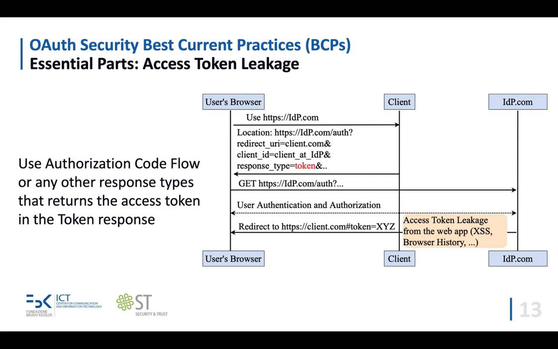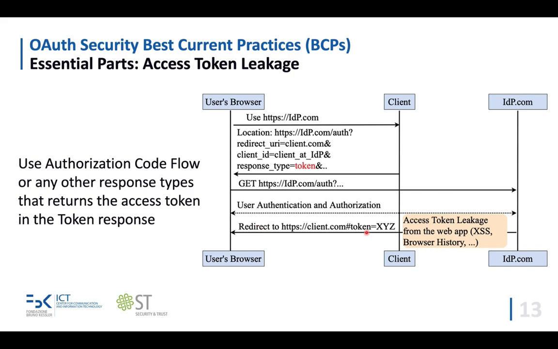So the first one is related to access token leakage. Simply do not use the implicit grant flow. Instead, you can use the authorization code flow or any other response types that return the access token in the token response. But why shouldn't you use the response type token, or implicit?